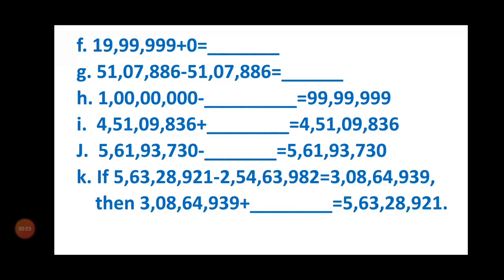K, if 5 crore 63,28,921 minus 2 crore 54,63,982 is equal to 3 crore 8,64,939. Then 3 crore 8,64,939 plus dash is equal to 5 crore 63,28,921. So you compare all the values, and whichever is missing, write it in the dash. It's easy for you.